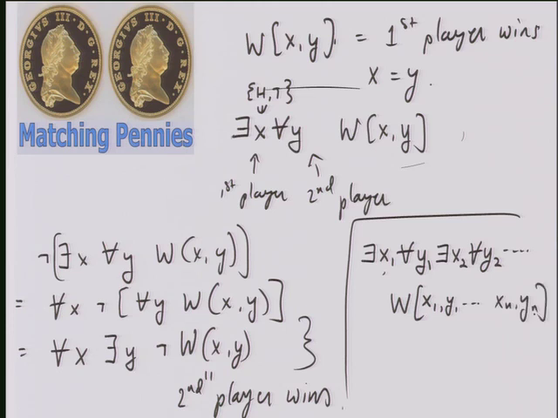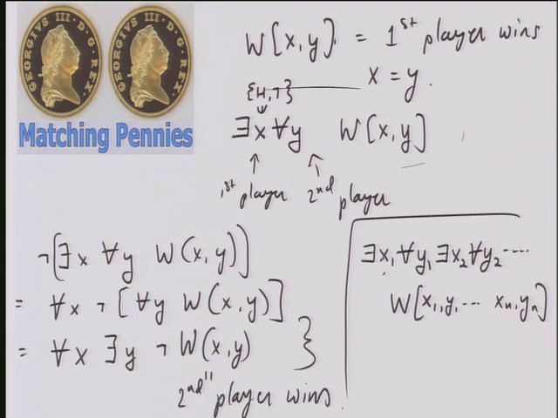If you look at the board position, then W says it's a winning position for white. So if you suitably make up this predicate W, which says that if you make the moves x1, y1, x2, y2, etc., then white won, the first player won this game, then this statement says white always has a winning strategy in chess.